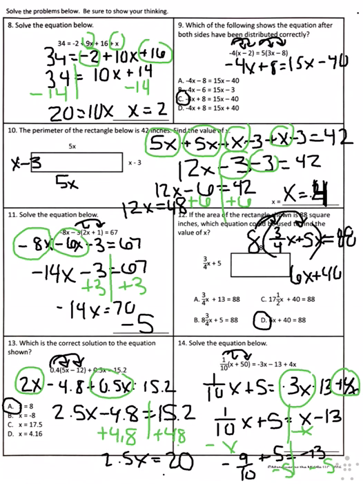Negative 13 minus 5, I'm going to rewrite this up here at the top. Negative 9/10 x is going to equal negative 18. And then our last step is to divide. Negative 18 divided by negative 9/10 is going to give us 20. X equals 20.